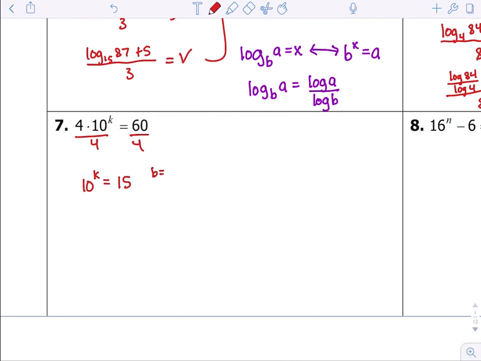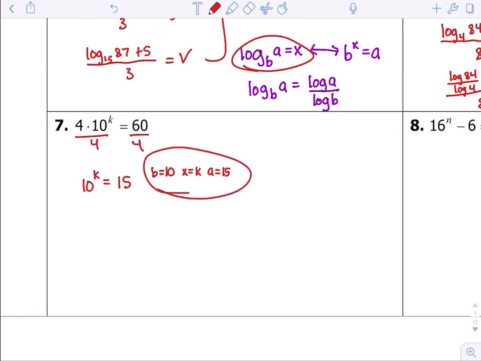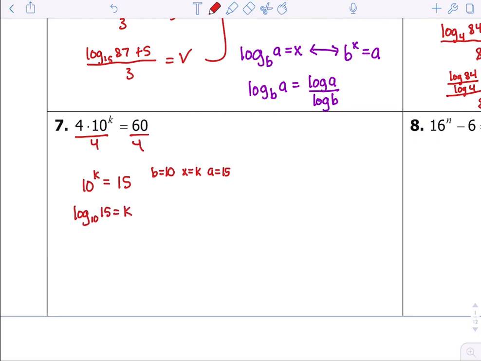So b is equal to 10, x is equal to 15. Nope, that is incorrect. Our x is equal to k, and our a value is equal to 15. Once you plug these in, we get our log form. So log base 10 of argument a, so 15, is equal to k.